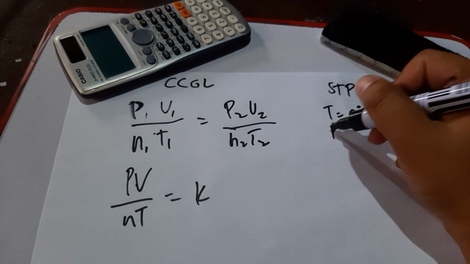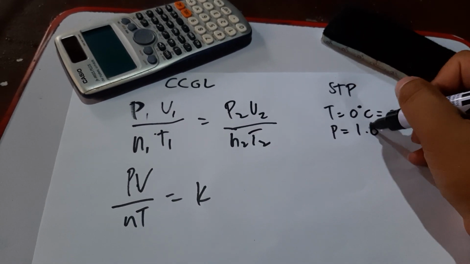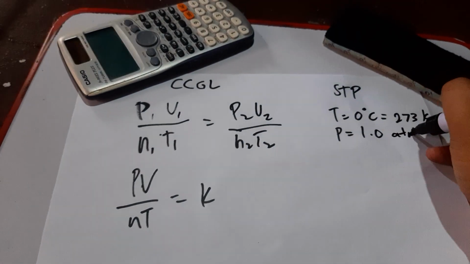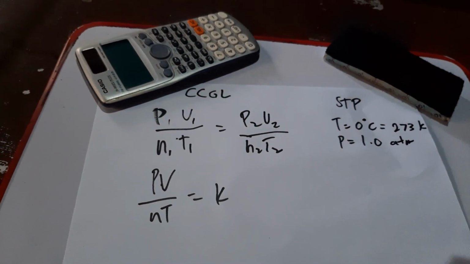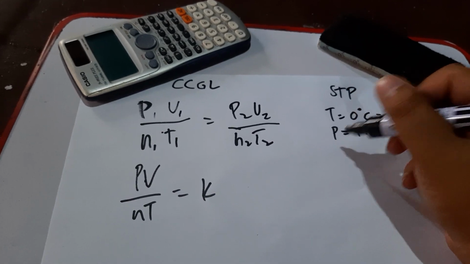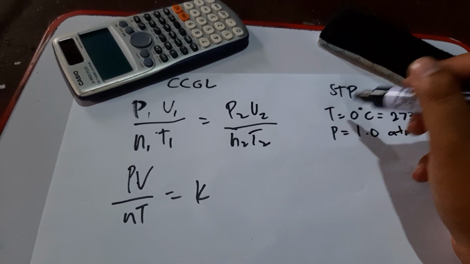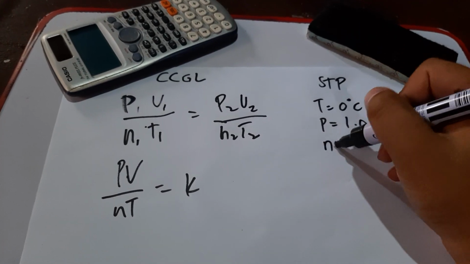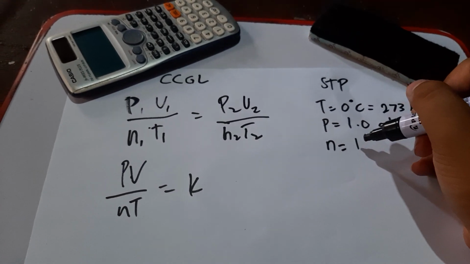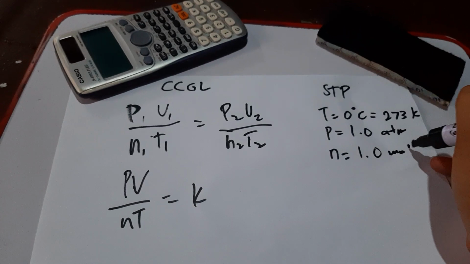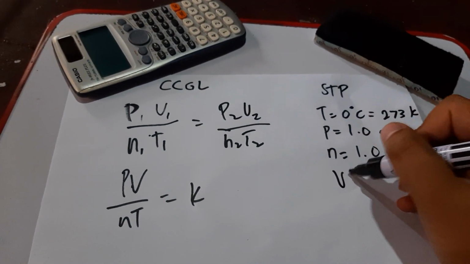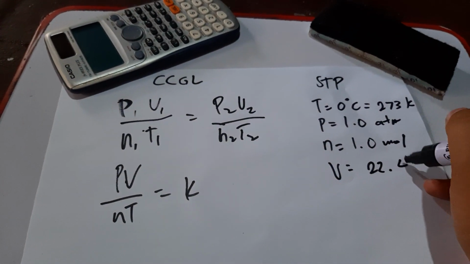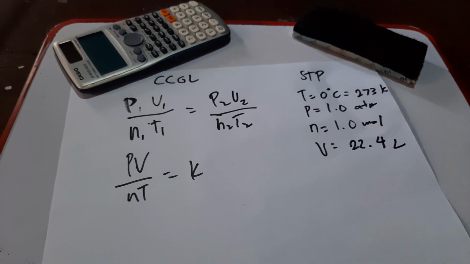Our pressure is 1.0 atm. Avogadro realized that at this standard temperature and pressure, which is 273 Kelvin and 1 atm, any mole of gas, meaning 1.0 mole of any gas, will have a volume of 22.4 liters.